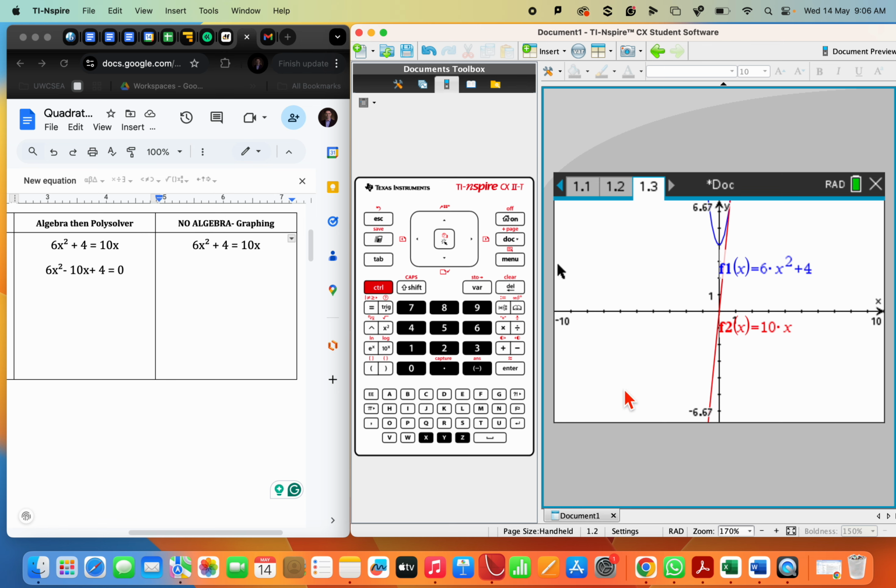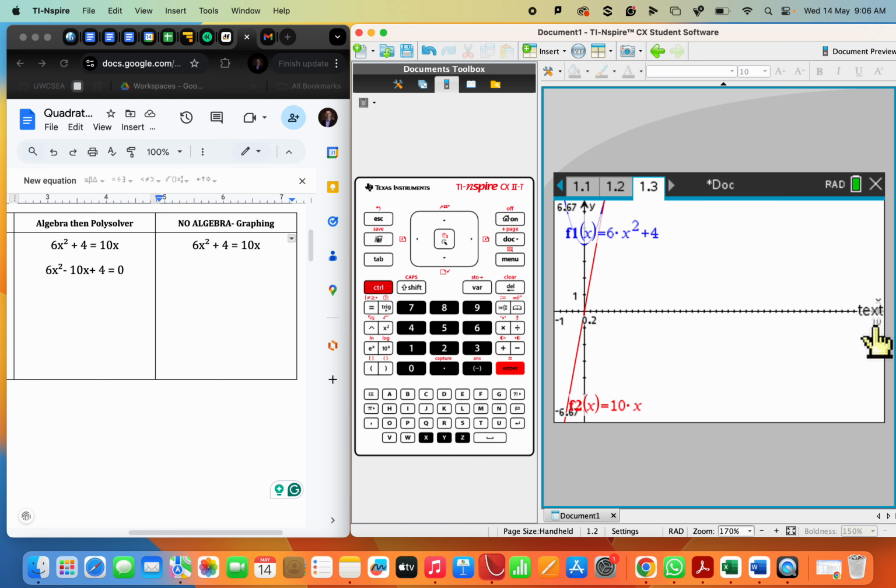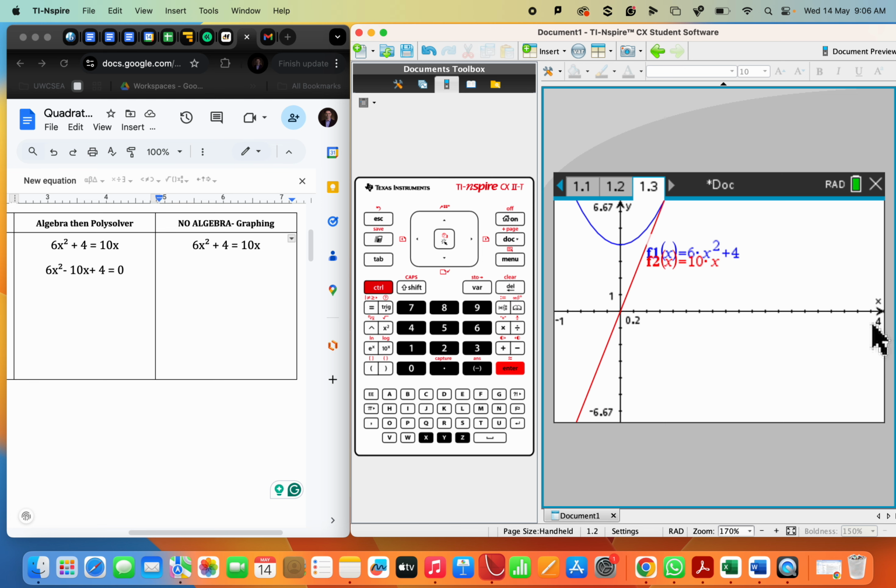Now it would be nice to zoom in on the important parts, and here's where you have to be pretty good with your calculator. You can either gently double click and then type in -1, enter, and maybe double click on here. I'm going to type in 4 and enter. Okay, that looks good. Or you can go to the menu and go through the full operation.